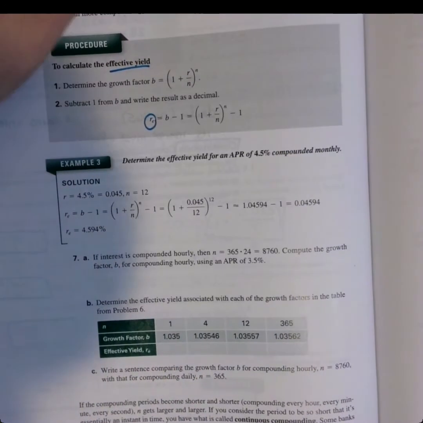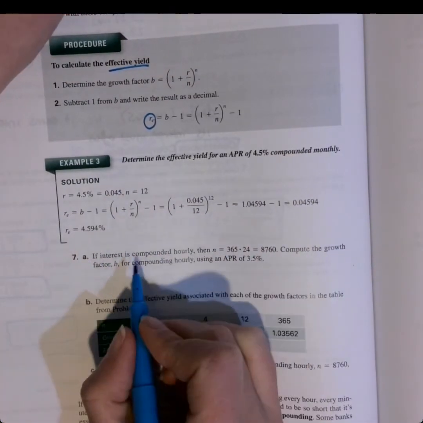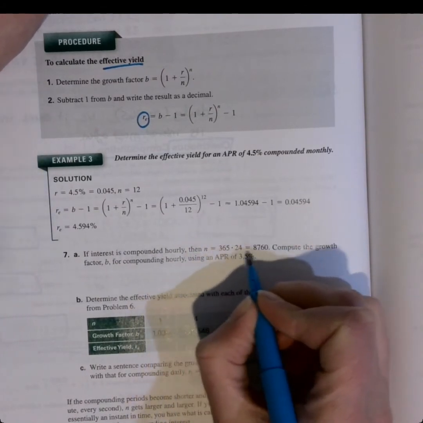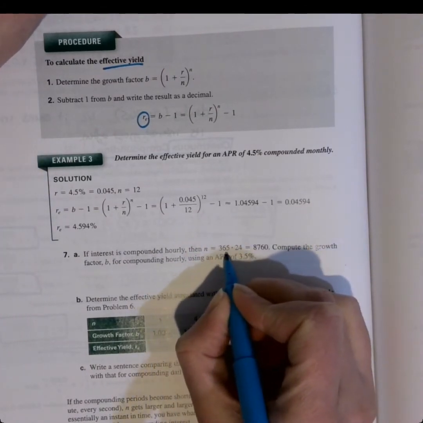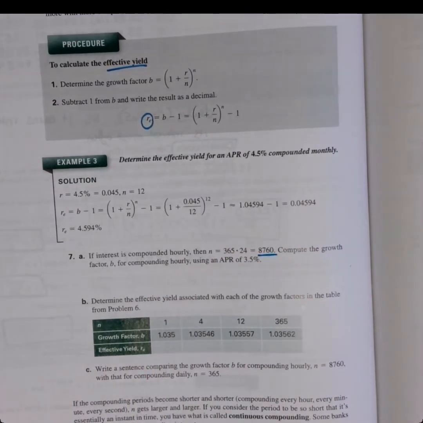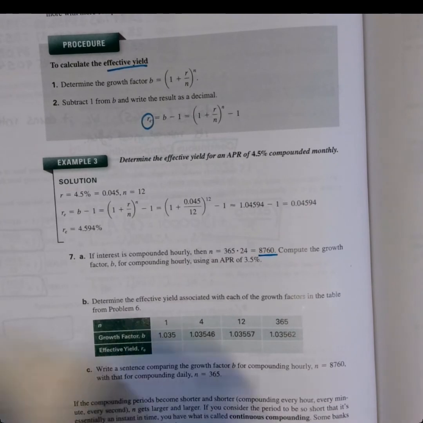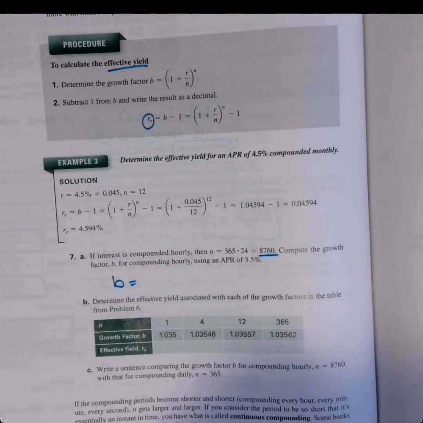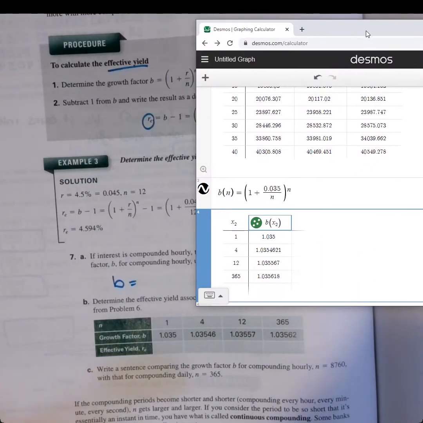All right. So first, 7A, if the interest is compounded hourly, then we need to figure out how many hours there are in a year. So there's 365 days times 24 hours. That would mean an N value of 8,760. So compute the growth factor B for hourly. Well, I already have this table going on here.